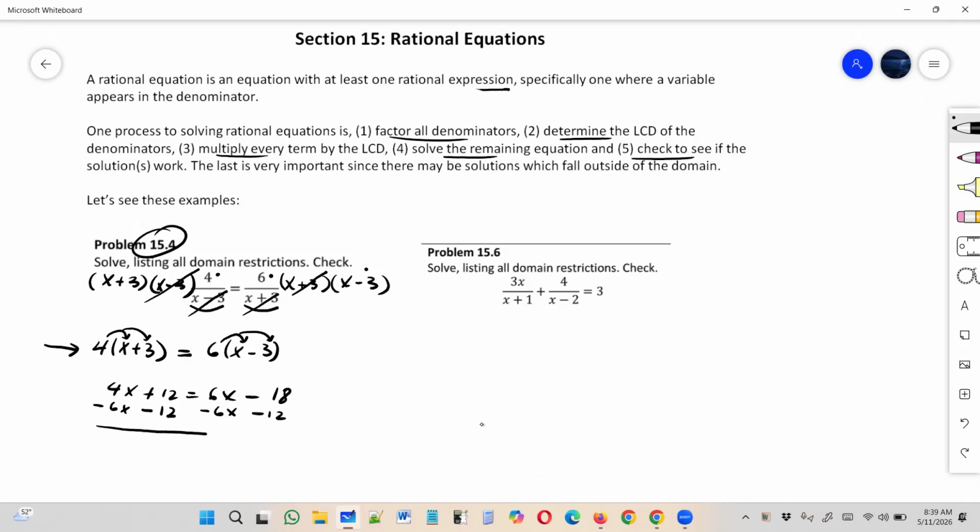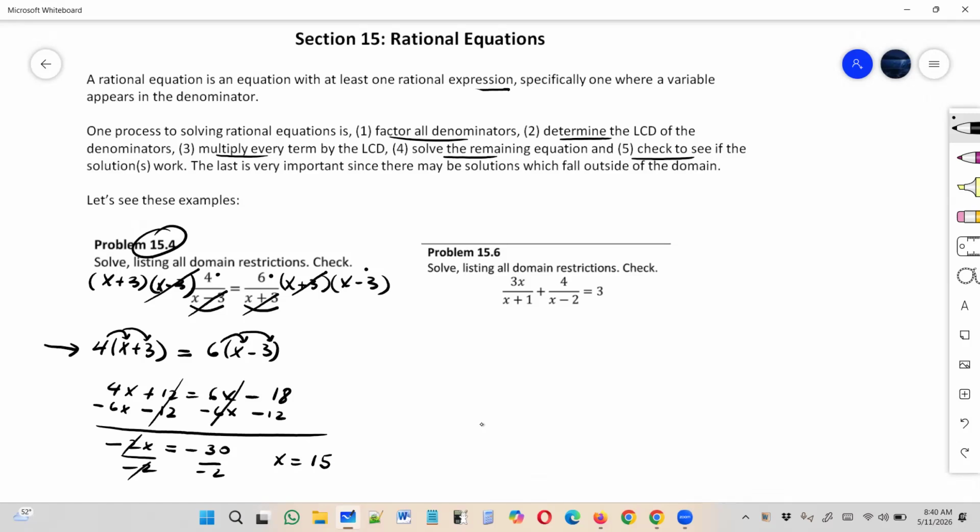Because we need to isolate the variable. This is negative 2x, and this is negative 30. Divide everything by negative 2, and we get x equals 15.